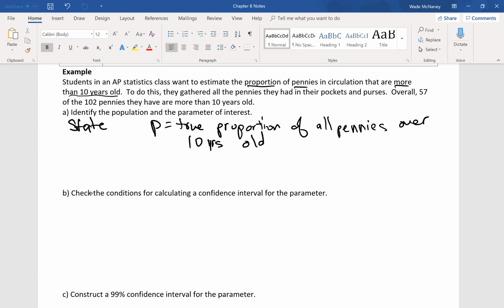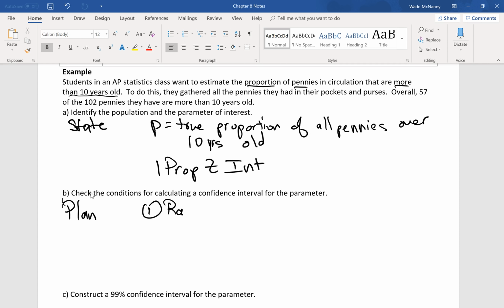That's my parameter of interest. And to estimate this, I'm going to be doing a 1 prop z interval. Step 2 is to plan. This is where I'm going to check my conditions.